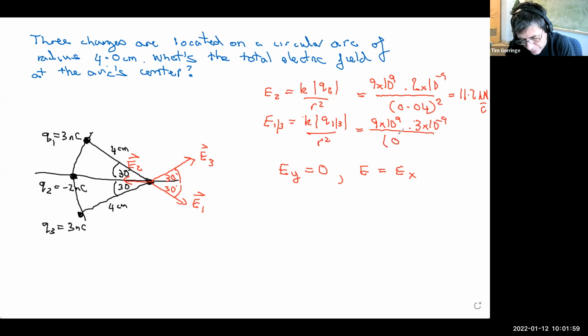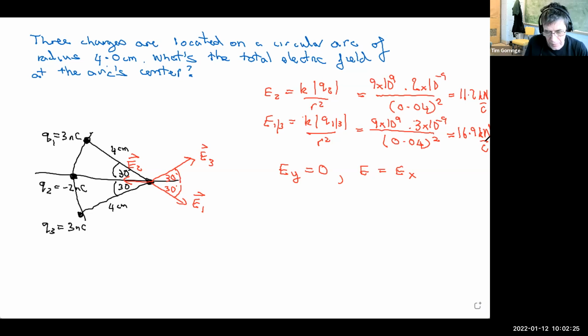And then divide by the square of the distance, 4 centimeters, or 0.04 meters. And I also calculated this ahead of time, and I had 16.9 kilonewtons per coulomb. So that's the values of the three individual electrical fields.